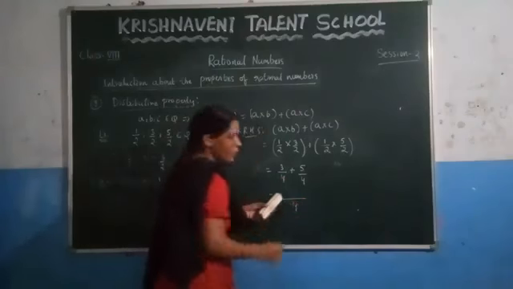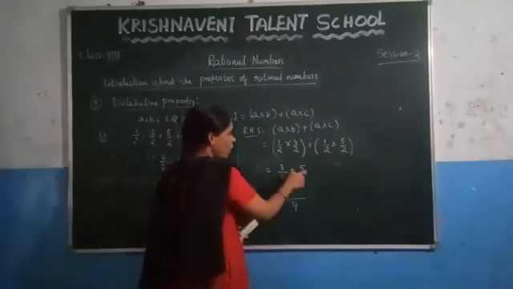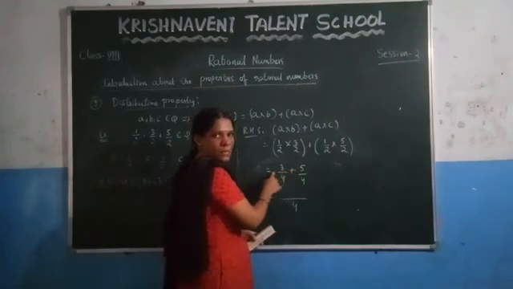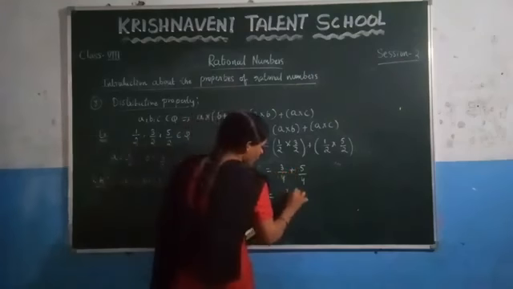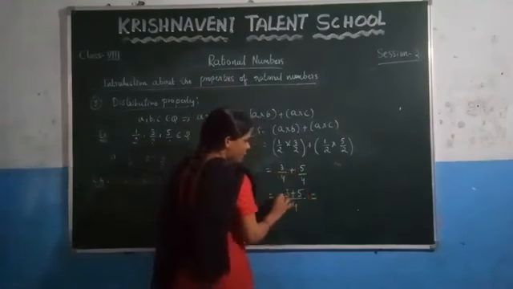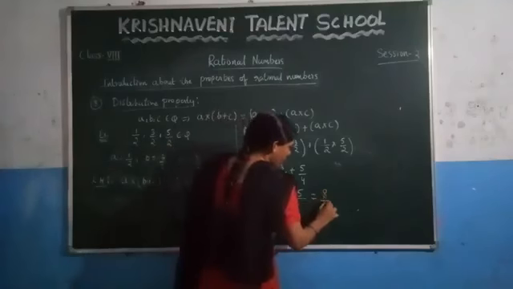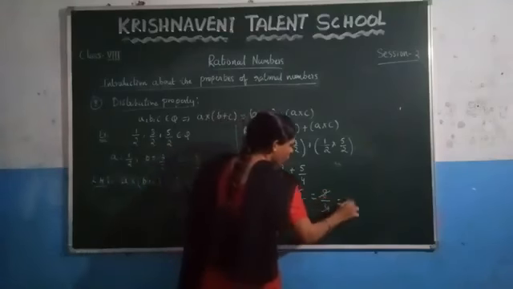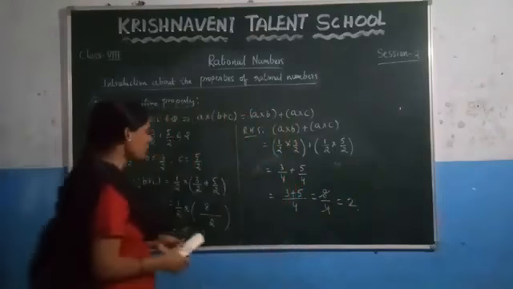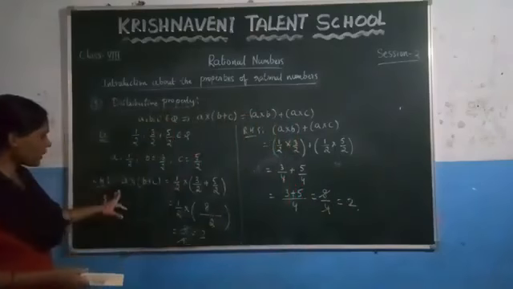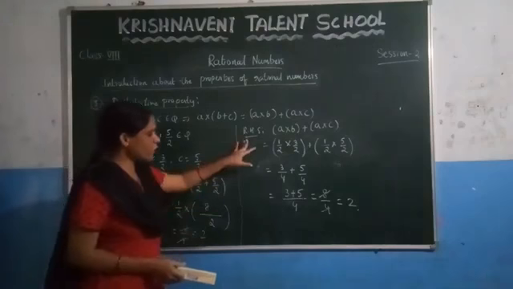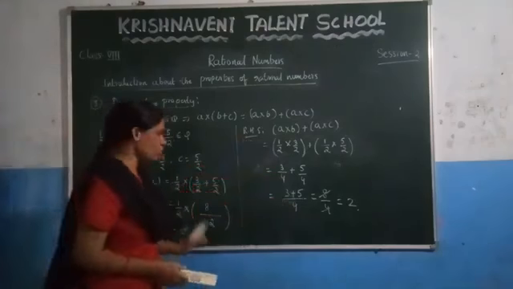Here take the denominator as 4. Now how do you solve? Just you have to add these numbers. After adding these numbers, what you will get here? 5 plus 3, 8 by 4. So after solving, what you are getting here? 2. So if you take the LHS, you are getting the result as 2, and if you take the RHS, you are getting the result as 2.